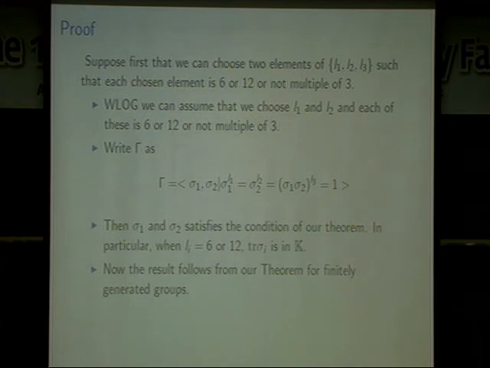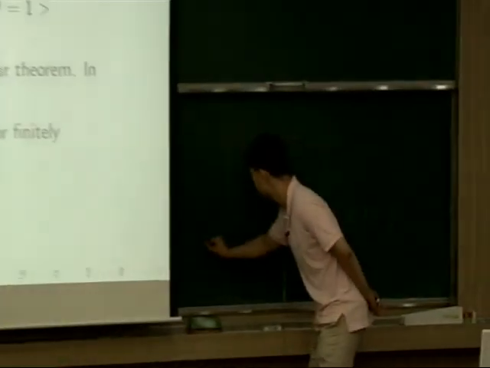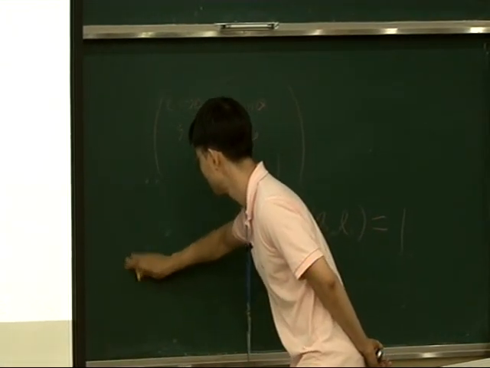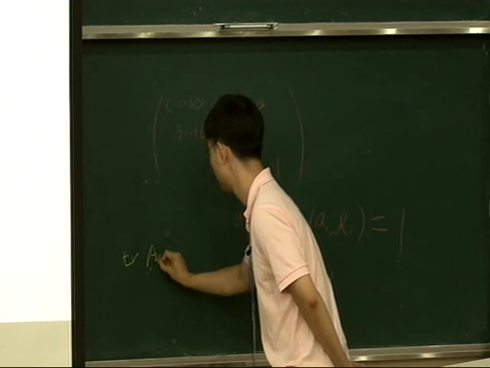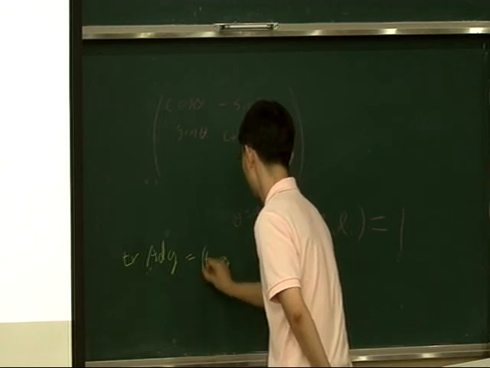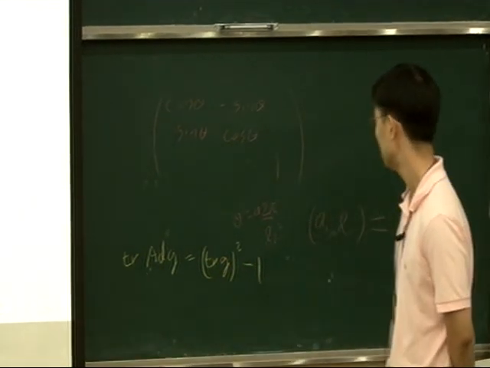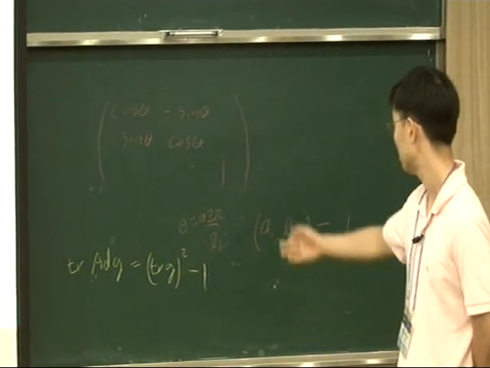So it turns out that this trace is in K because, for finite order 3 by 3 matrices, we have this equality.